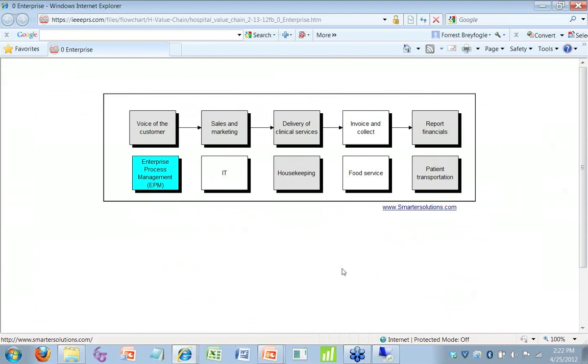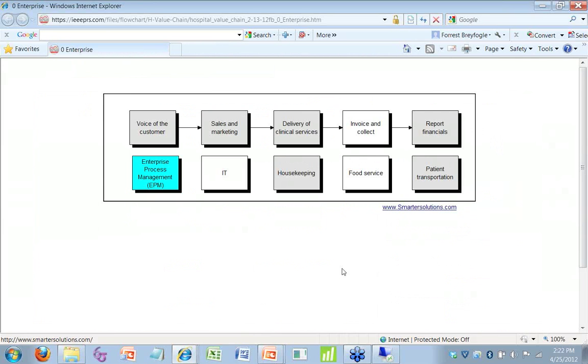Then they report their financials. You also have support groups. You've got IT, housekeeping, food service, patient transportation. So those are support groups that I'm considering in this assessment. But the boxes at the top represent somewhat the main flow of the functions of the hospital.